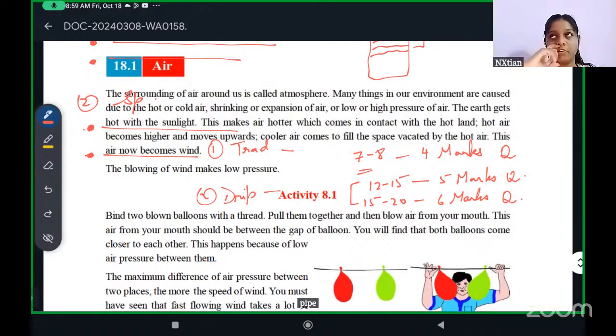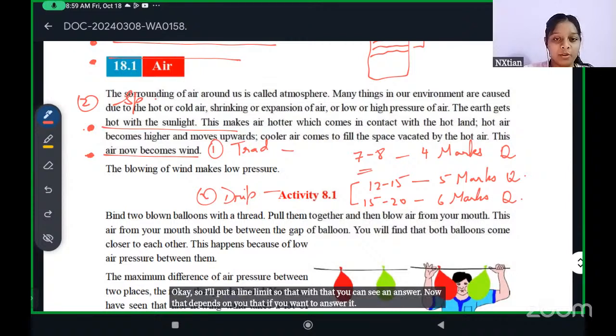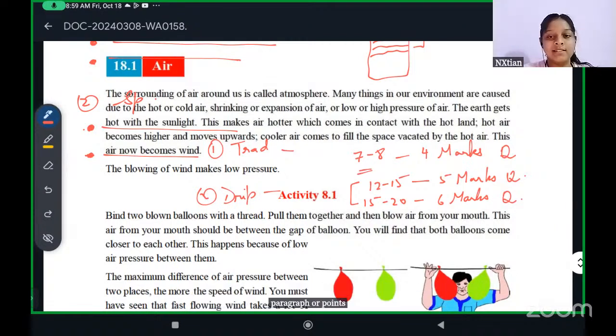For long questions, which will be 5 markers, I'll put the line limit: answer in 12 to 15 lines, or 10 to 15 lines. So that with that you can see an answer. Now that depends on you if you want to answer in a paragraph or points, but I strongly suggest that please answer in points only. Try to answer most of the questions in points.